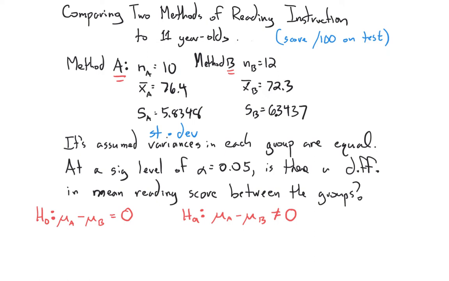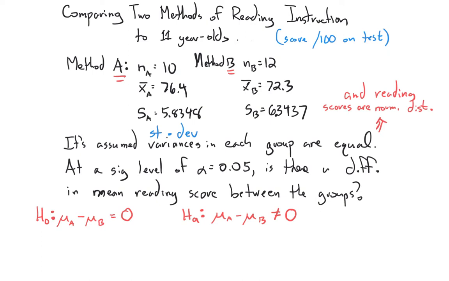Now that we have our null and alternative hypotheses set up, we can decide what sampling distribution applies to this data. Also, I didn't say this, so I'm going to tell you right now: it's assumed that variances in each group are equal, and that reading scores are normally distributed.